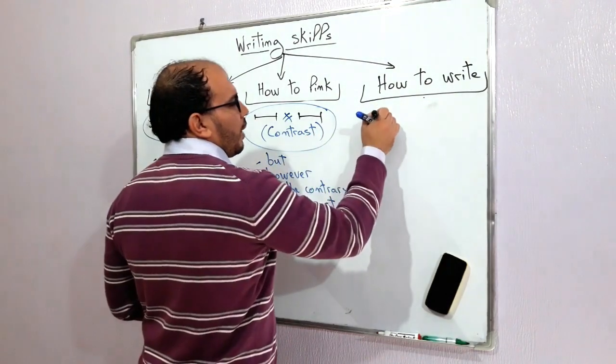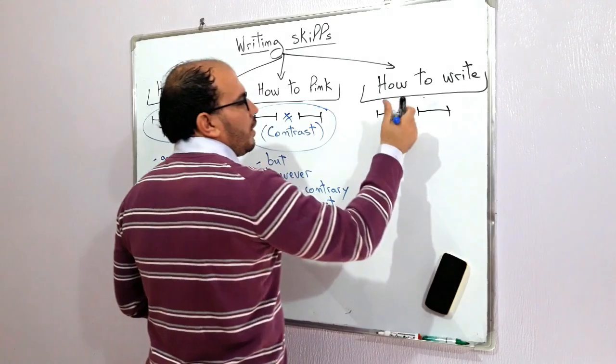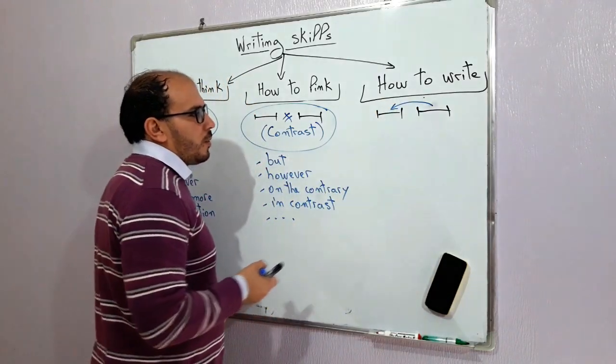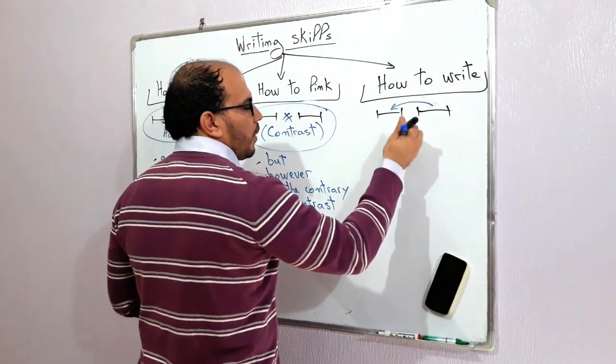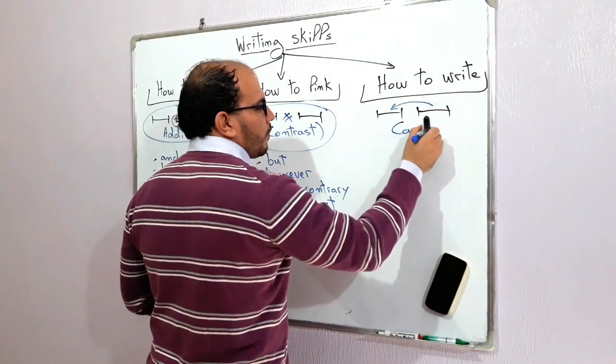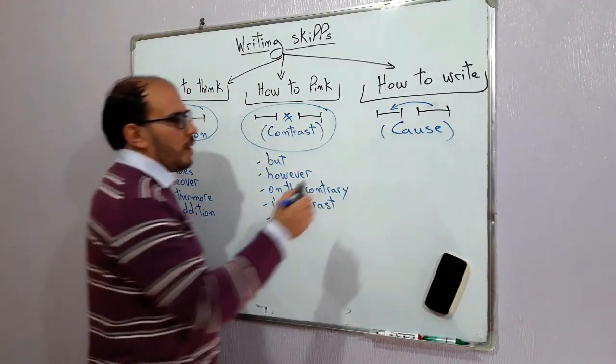For example, if I have two ideas and I want to say that this one is because of this one, so if I want to express the cause, there are certain words.